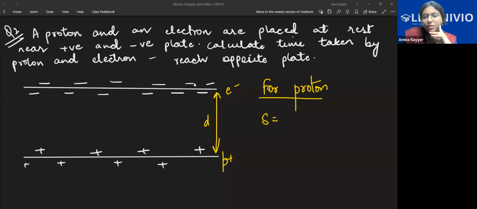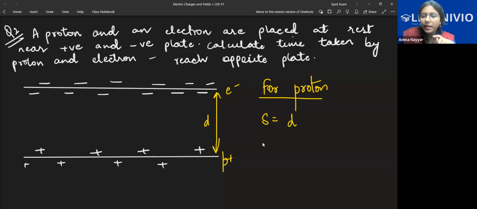If proton has to reach the opposite plate, what's the distance? Yes, Zainab, right. Small d. Correct, Zainab. This is the distance that it has to cover. So distance for us is d.